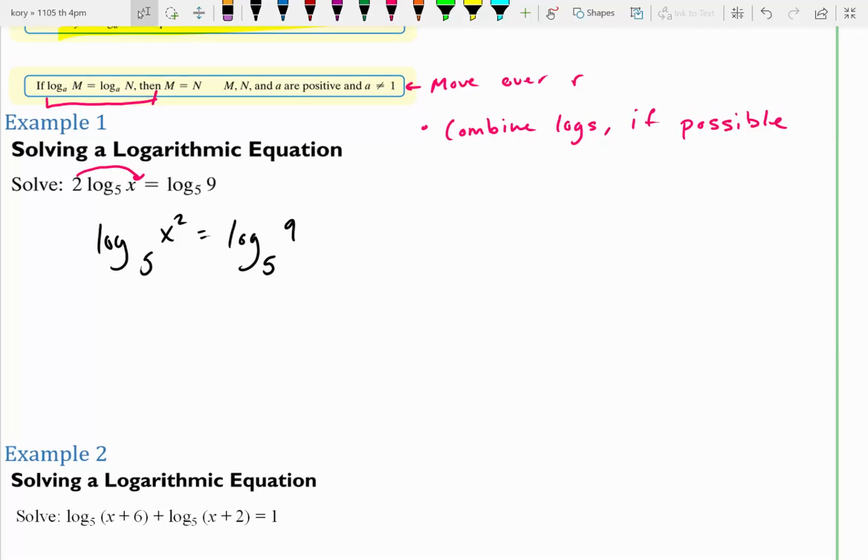In this case, we don't have any logs adding or subtracting, so we can go ahead and cancel these out because they have the same log and base. So we are left with x squared equals 9. We take the square root to get x equals positive or negative 3.